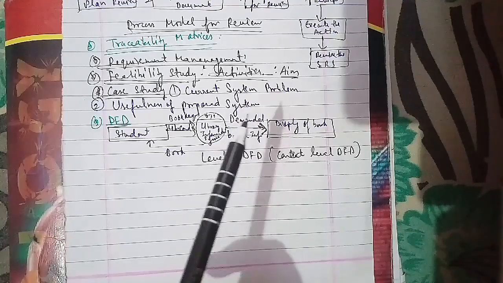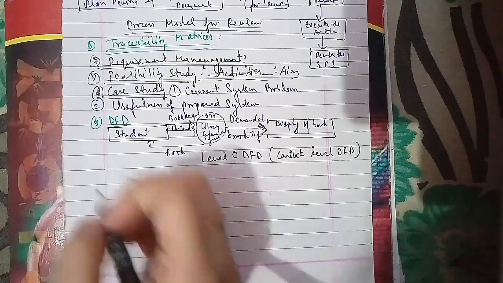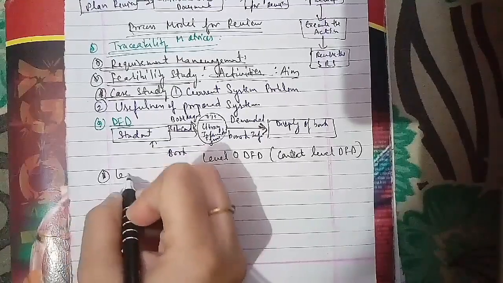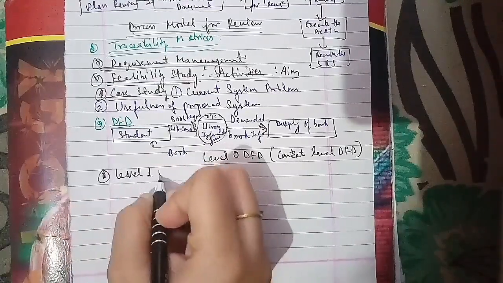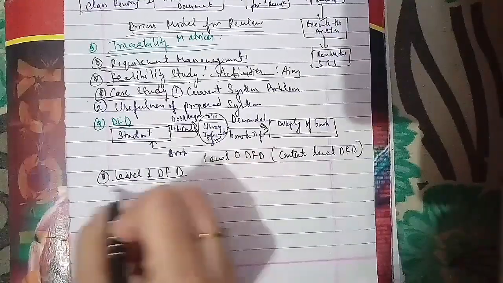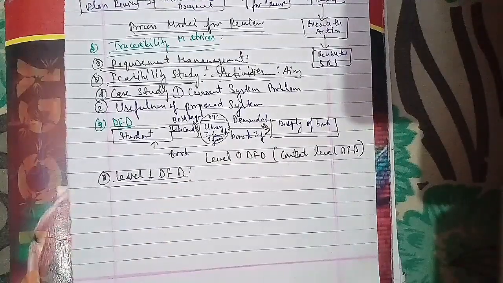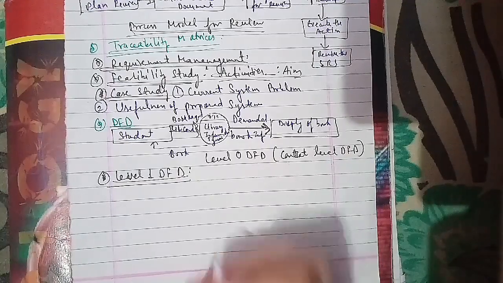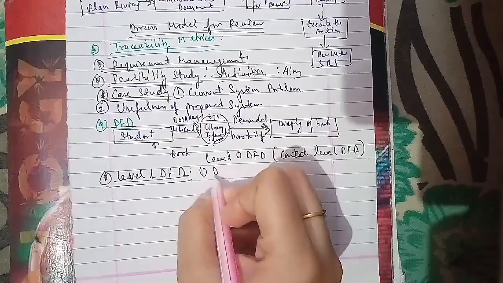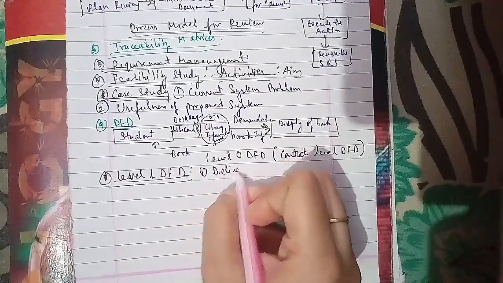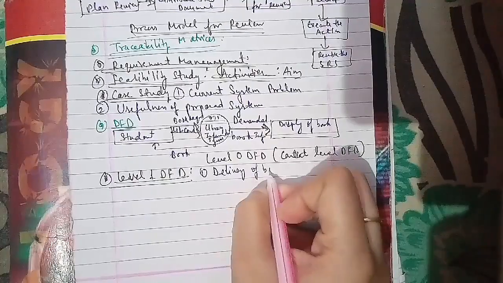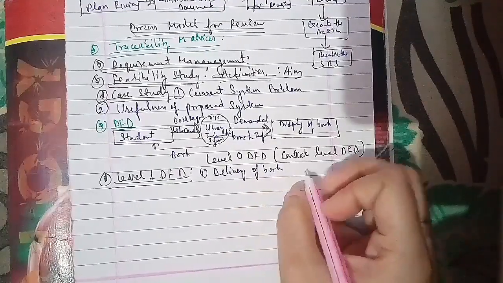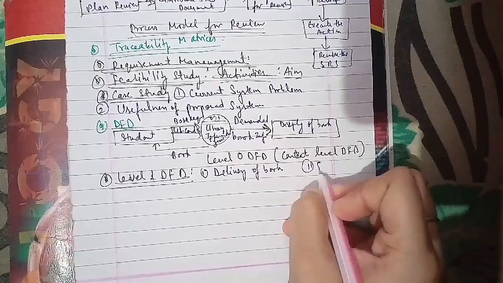Here it is a student. It will go with book request and library card to the level 1 DFD. Then after that what we'll get is bookshelves, list of authors and list of titles.